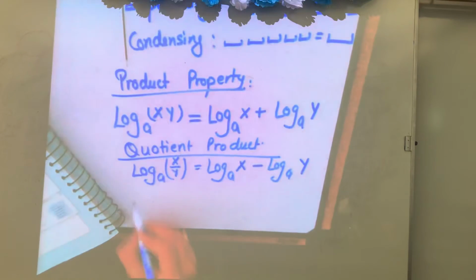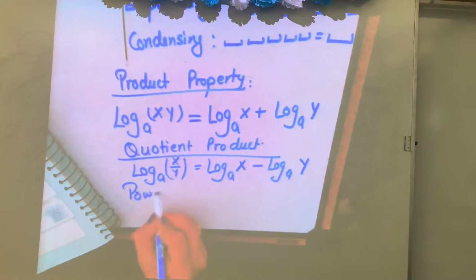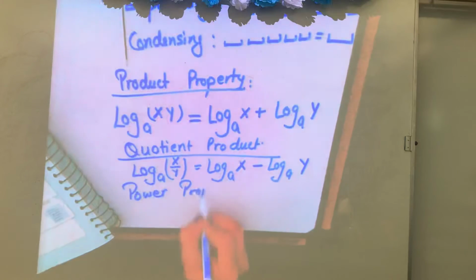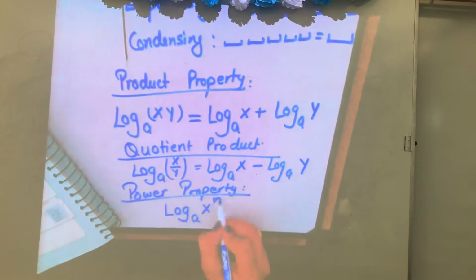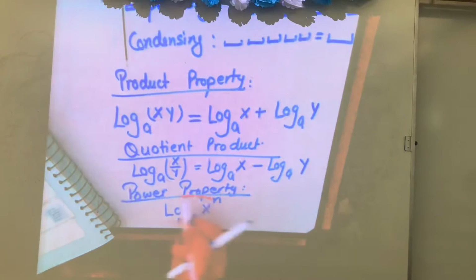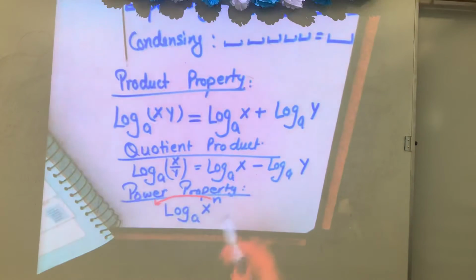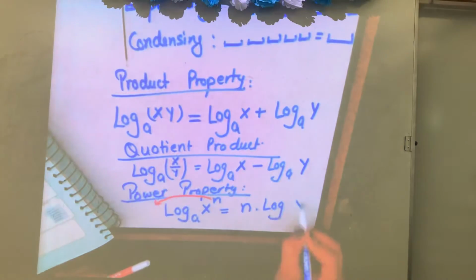And the last one is called the power property. According to this property, if you have log of x with base A and that x has any exponent n on the top, you just move this exponent to the front. So this becomes n times log of x to the base of a. That's how we do it.